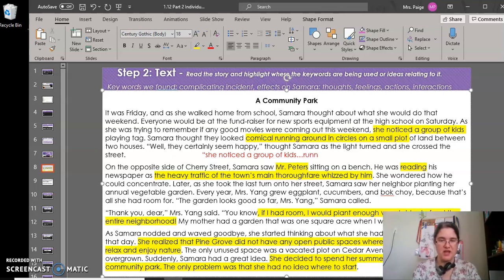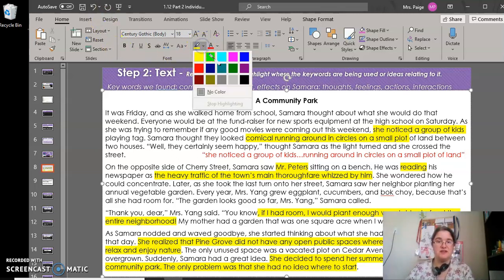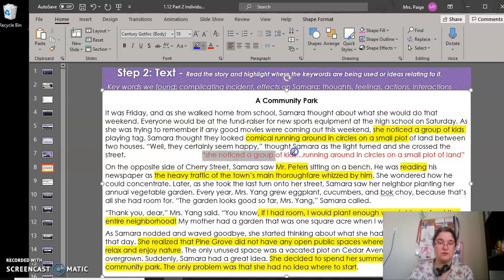We're going to remove the comma. Running around in circles on a small plot of land. End quote. So if you would like, you may use this same one that I just created. Okay, so this is yours to use if you want for question number 3. Let me make that a little bit darker so you can see it. Sorry.